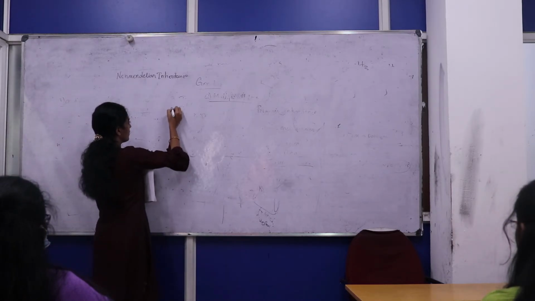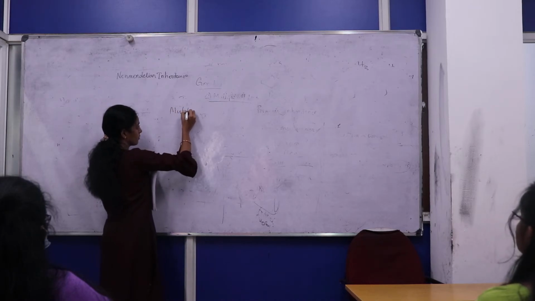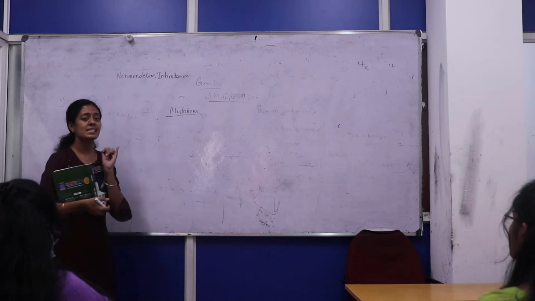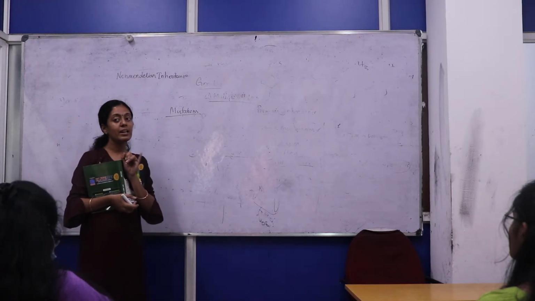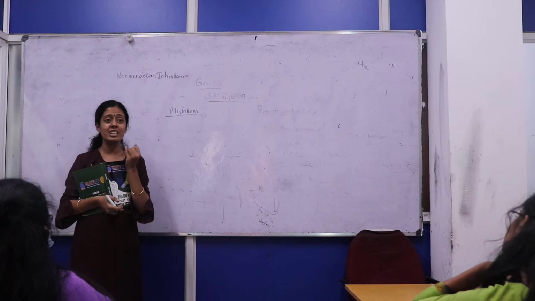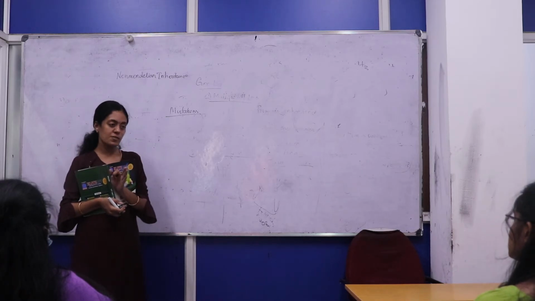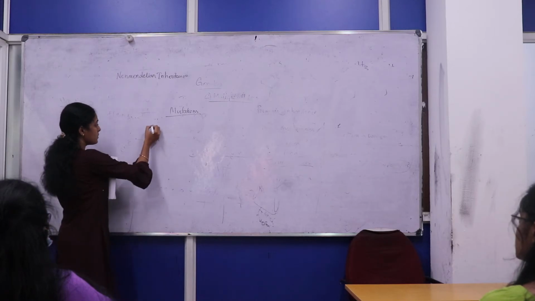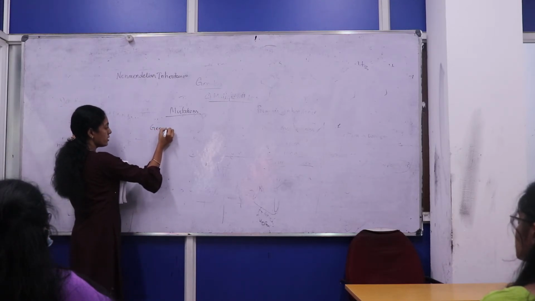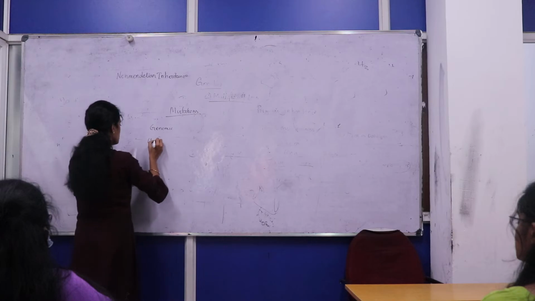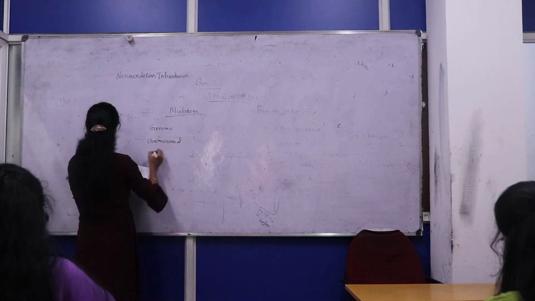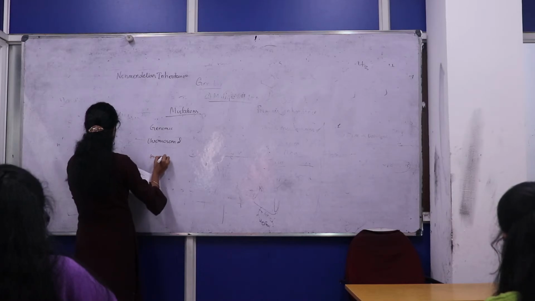Very, very important. Mutations are sudden, heritable. When do I call something to be a mutation? When it can be inherited to its offsprings. Heritable change. It can be of three types: genomic mutation, chromosomal mutation, and you also have your gene mutation.